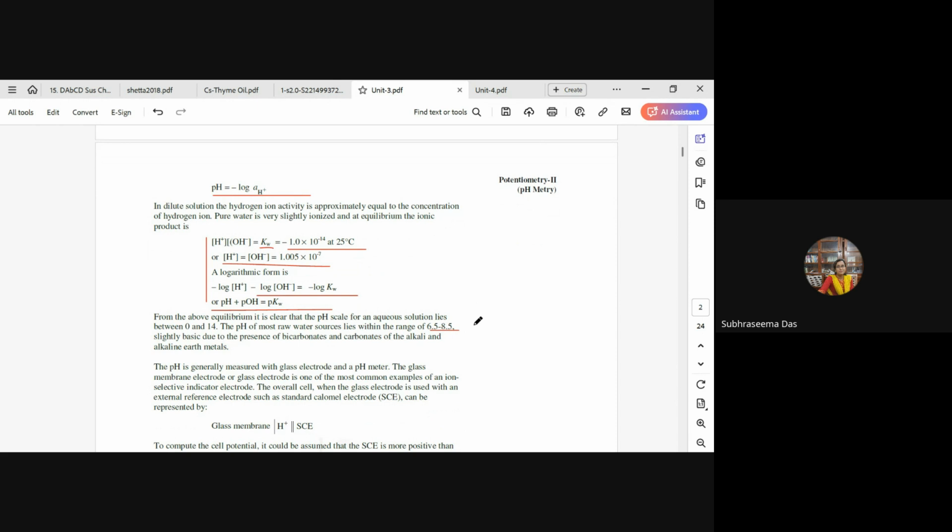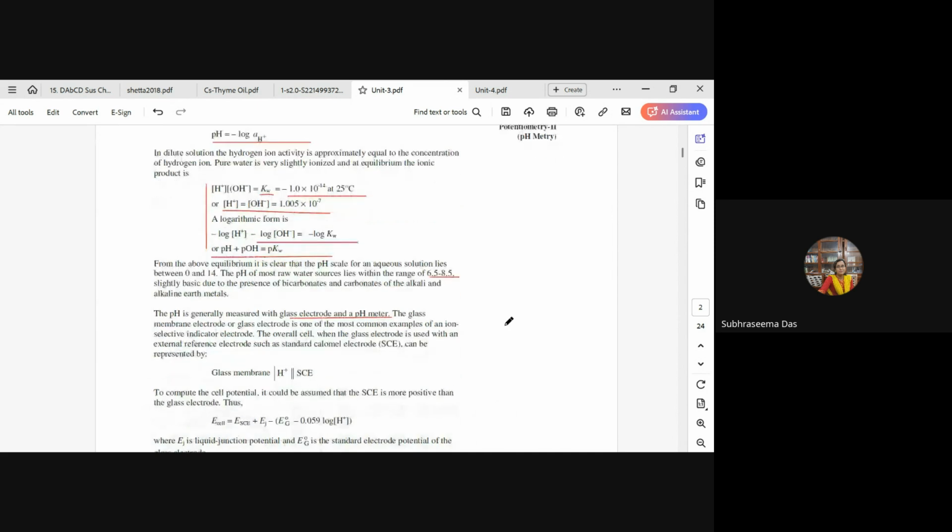Then coming to pH measurement. The pH measurement is usually done with a glass electrode and a pH meter. Nowadays we have the digital pH meter, which measures using a glass electrode. Here the glass electrode is one of the most common examples of an ion selective indicator electrode.